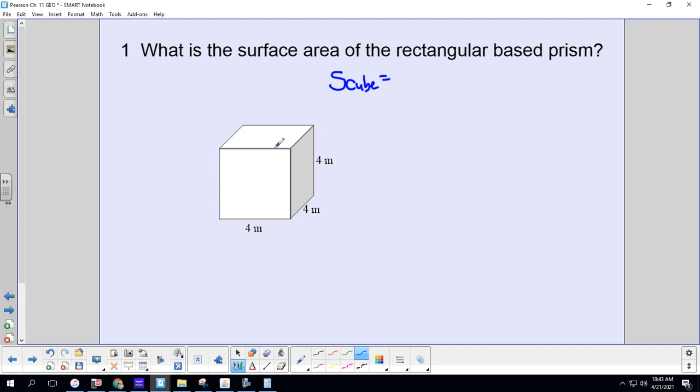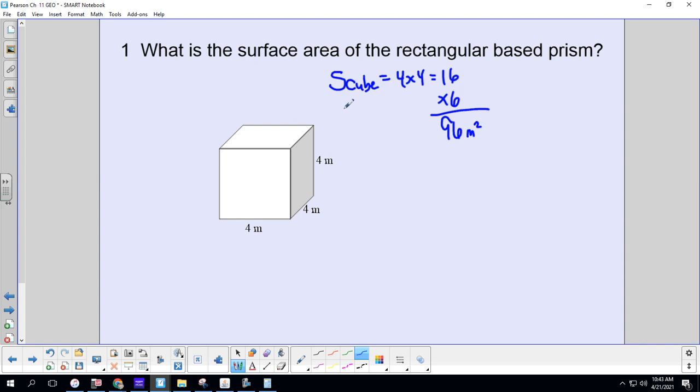We know the area of one face is going to be 4 times 4. And then how many of them do we have here? Well, we have 6 of them. So the surface area of the cube is another 6 meters squared.